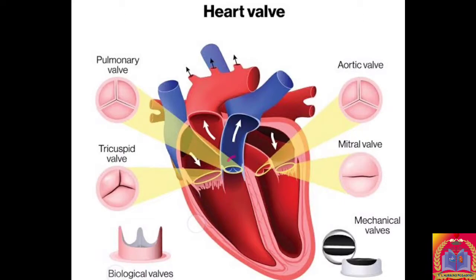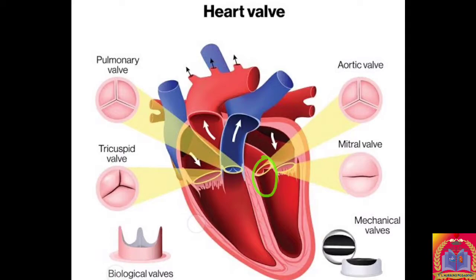Next, the pulmonic valve is located between the right ventricle and the pulmonary artery. Then the mitral valve is located between the left atrium and the left ventricle, and we can see there are only 2 leaflets in this valve, so it is also termed the bicuspid valve. Then the aortic valve is located between the left ventricle and the aorta.